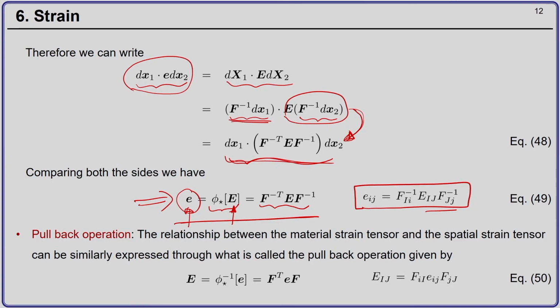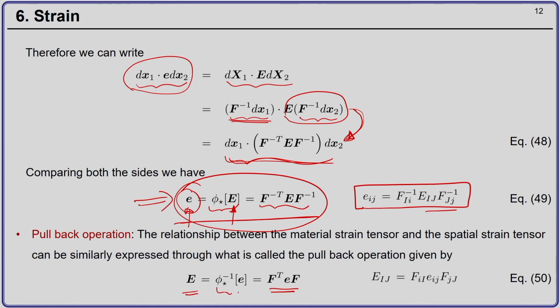Similarly, you can do the pullback operation. Instead of dx1 dot dx2, I can start the other way around, or I can just start from equation number 49. I can start from this expression and I can find the Green-Lagrange strain tensor in terms of the Euler-Almansi strain tensor using the following expression.